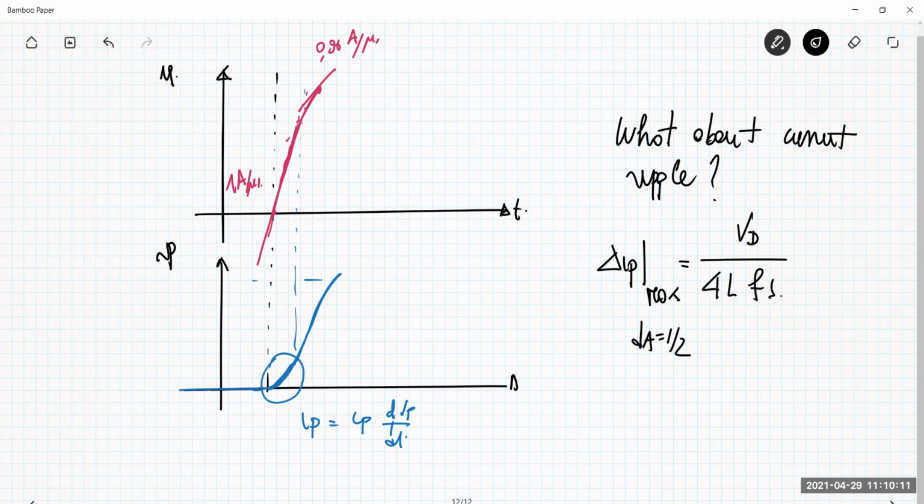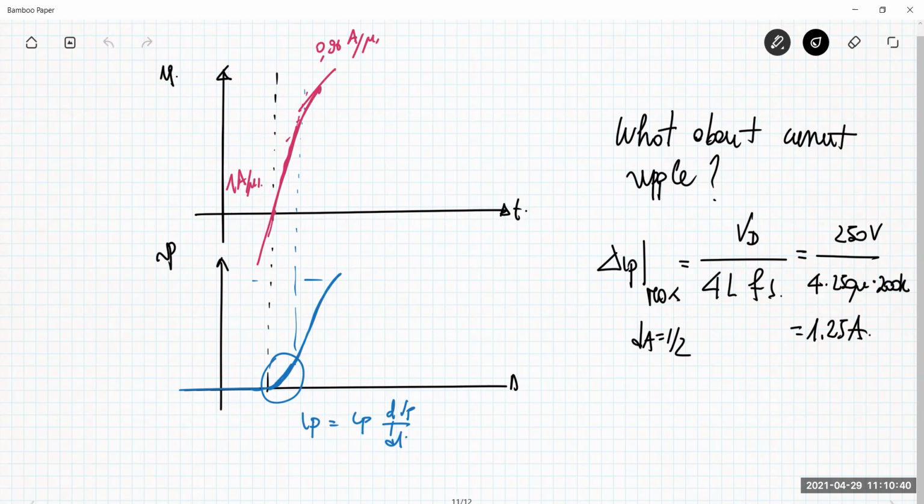We computed this value in one of the previous computations for the half bridge, and this is valid here because we are using the half bridge. This is 250 volt, and we have 250 microhenry, and then the switching frequency, which is 200 kilohertz. That gives 1.25 amp when the duty cycle is 1/2.